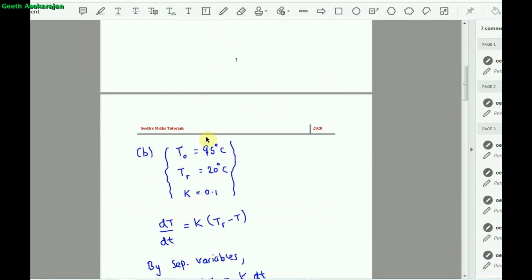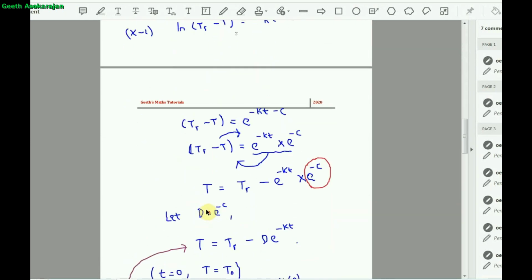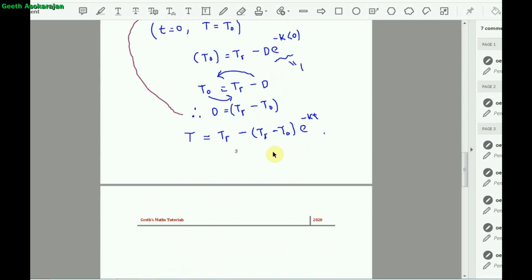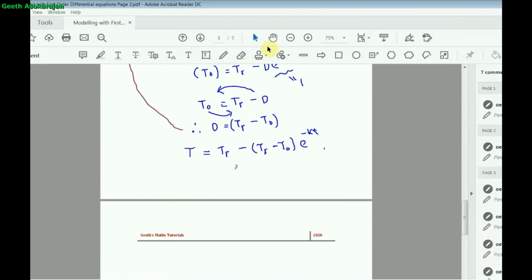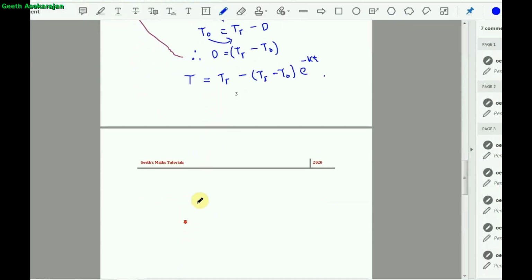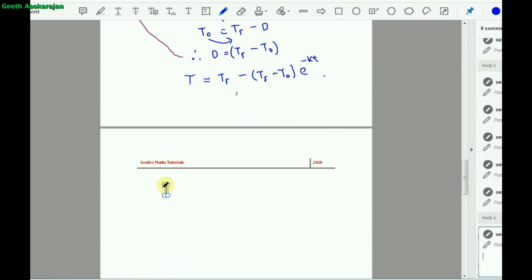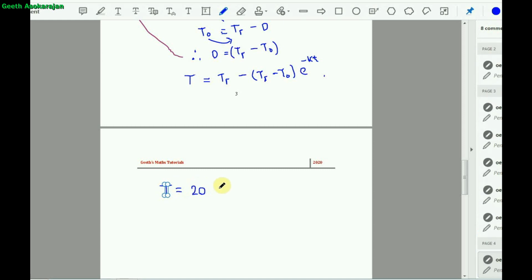So if I replace this data into this function for capital T which we have, we're going to have capital T equals TR, which is 20, minus 20 minus T0, that being 95, e to the minus K, which is 0.1 into small t.